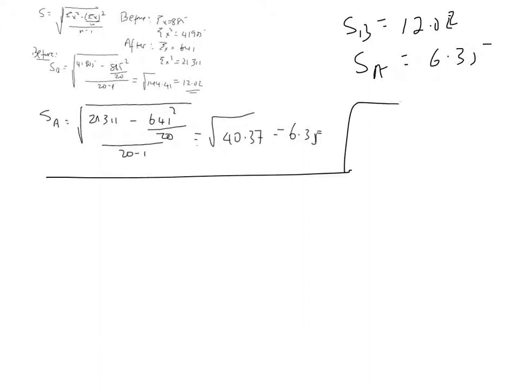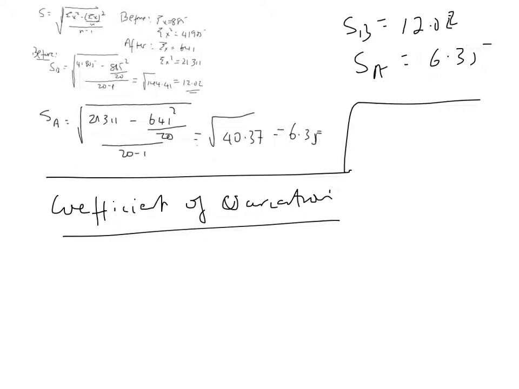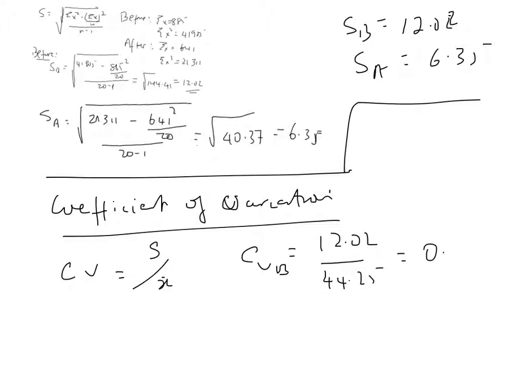What we're going to do now is calculate the coefficient of variation. CV is equal to S over X bar, and so for before and after, CV before would simply be 12.02, but you will recall that our mean was 44.25, which gives us a coefficient of variation of 0.2716 when you do that calculation.